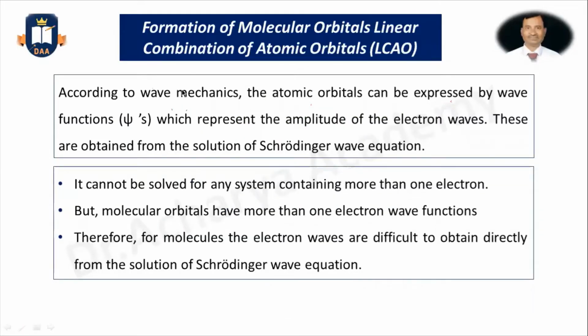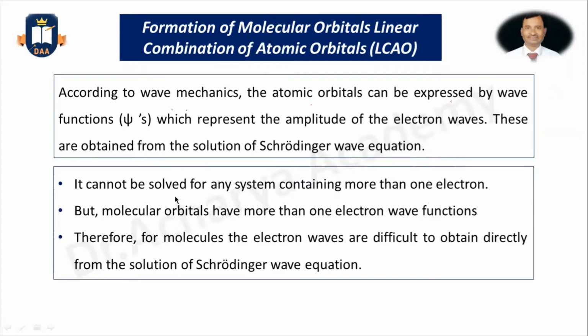From the wave mechanics theory, we know that atomic orbitals are expressed in terms of wave functions, and these wave functions represent the amplitude of the electron waves. These electron waves are obtained from the solution of the Schrödinger wave equation.